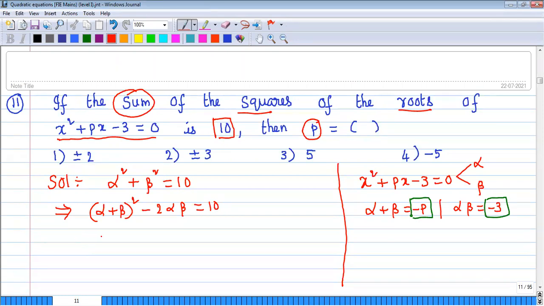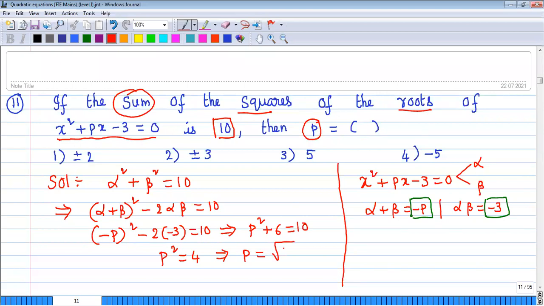This is minus p whole square minus 2 times minus 3 equals 10. So we have p square plus 6 equals 10. Now p square equals 10 minus 6, which is 4. So p is equal to root over 4, that is plus or minus 2. This is the answer.